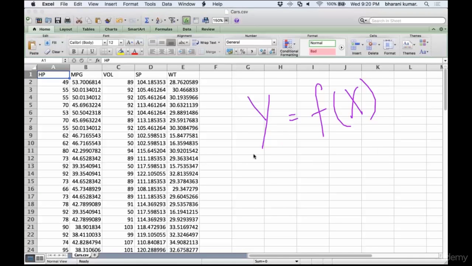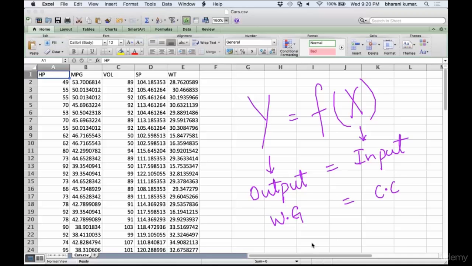On similar lines, any output that you want to achieve would depend on either one input or a series of inputs, and X is called the input here. If you want to predict weight gained of a person, it depends on calories consumed. If I want to know the price of a used car, it depends on miles driven, year of manufacture, make of the car, and so forth.